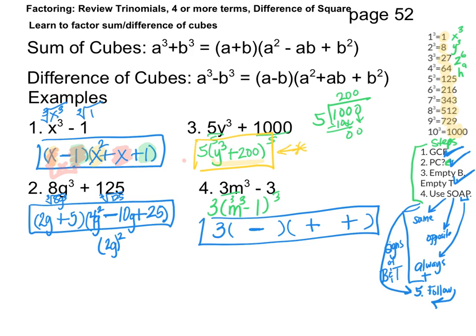Next we take the cube root. So I'm going to write that down. The cube root of m cubed. Make sure I see this somewhere on your paper. And then the cube root of 1. The cube root of m cubed is m. The cube root of 1 is 1. Now, this term is the square of this term. So m squared is what I'm going to write there.